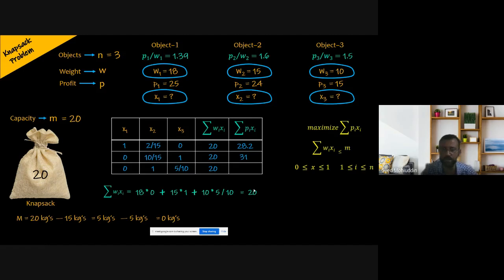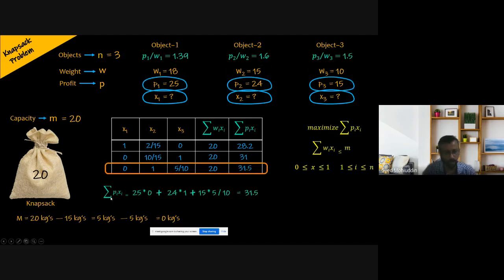What will be the profit earned? Profit earned will be 25, which is P1, multiplied by 0, plus 24, the profit for object 2, multiplied by 1, plus 15, the profit for object 3, multiplied by the fraction 5 by 10, which will give us 31.5.